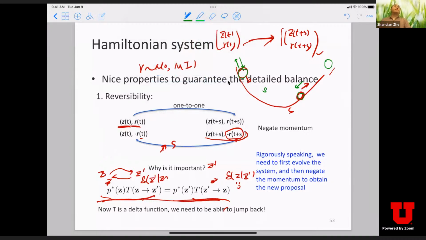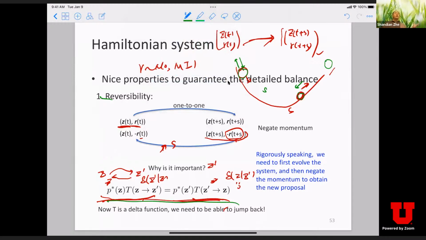Does it make sense? You can also show this in the equation, algebraically. I'm not going to show that. It's pretty easy, but I just want everyone to have an intuition why ensuring reversibility is important, because you need it to show the detailed balance.